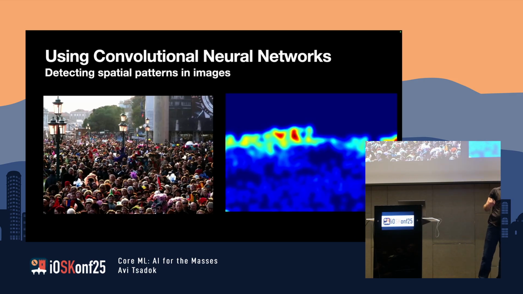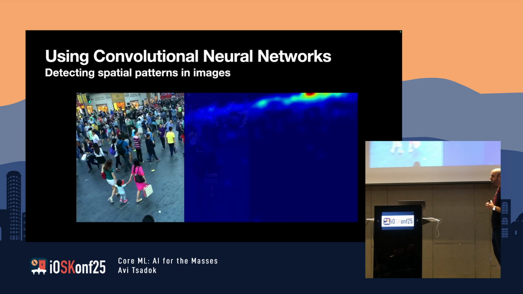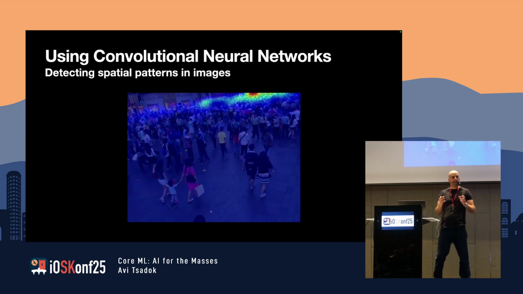If you see red, that's a pixel that represents many people. If we put one on top of the other, you can see why it works like that. So we want the neural network to build a heat map for the image. Now, that's also very, very complex to do.